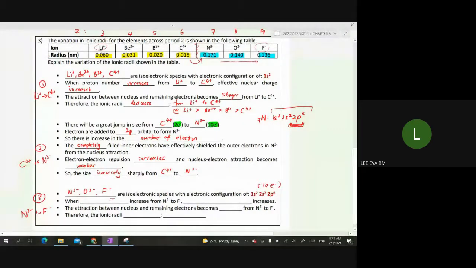We have proton number increases, Z effective increases, attractions become stronger. Therefore, the ionic radii decreases from N3- to F-. Is everyone okay? Okay, so we have completed the isoelectronic part.